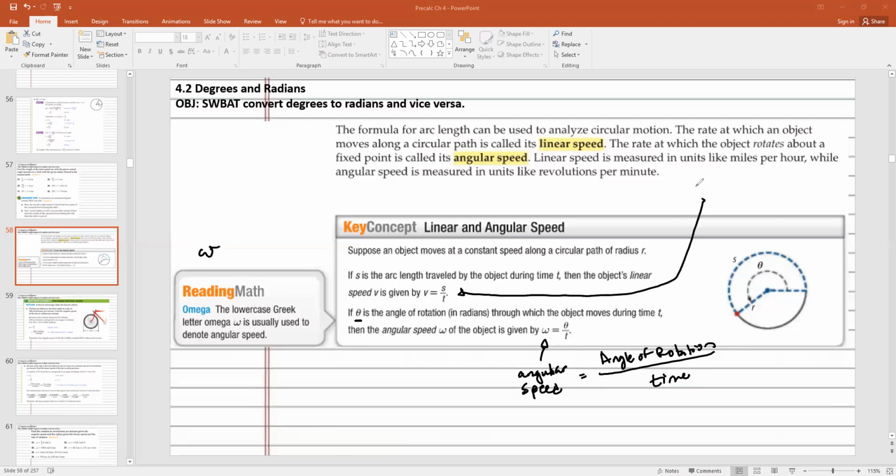And here, the linear speed is equal to the arc length divided by time.